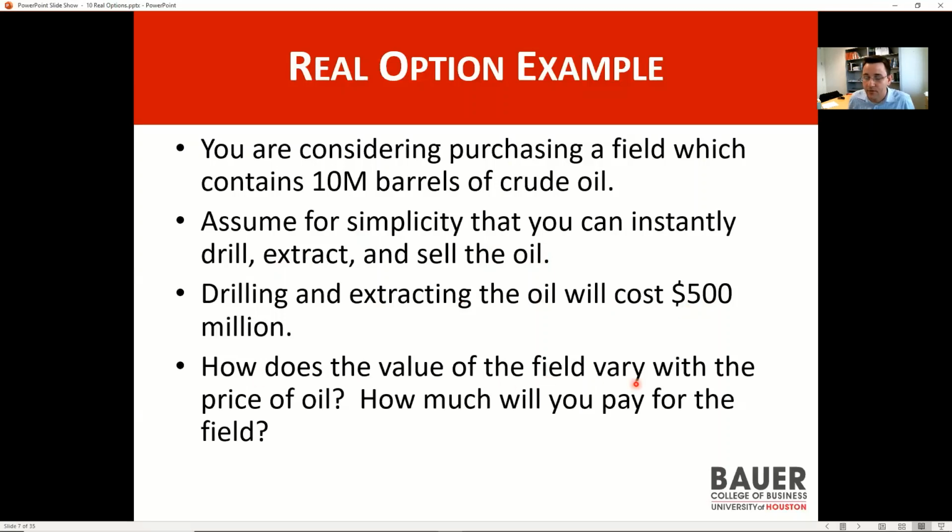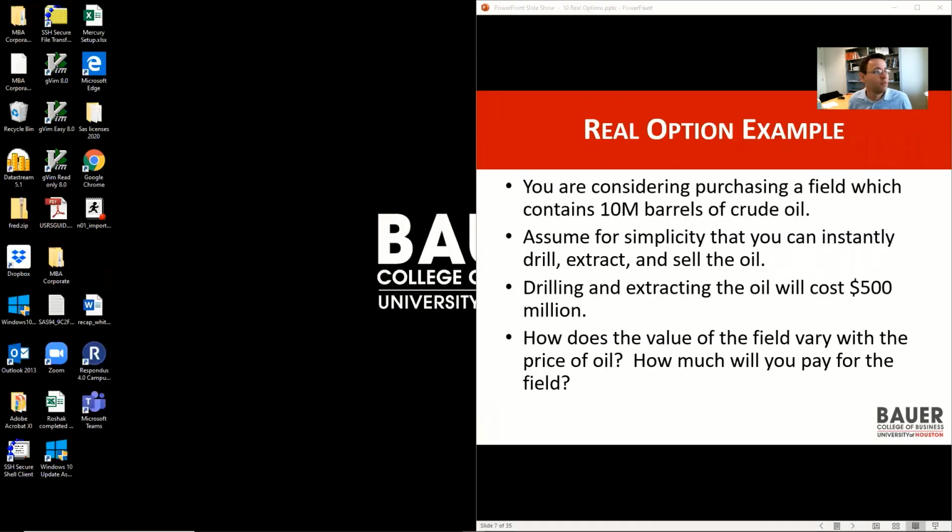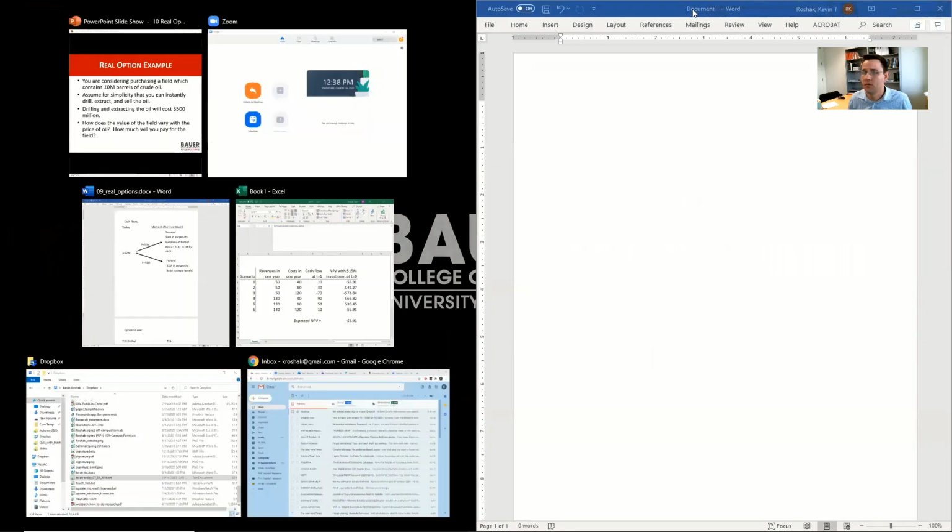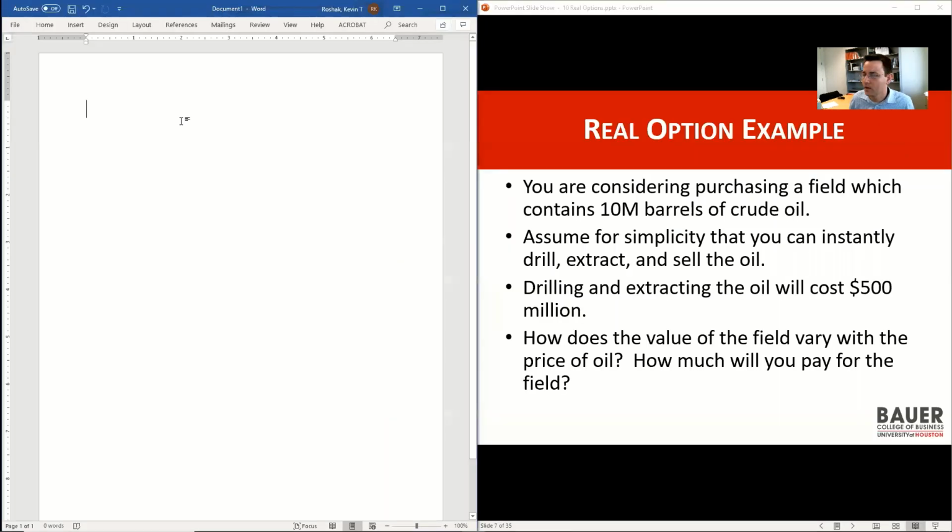How does the value of the field vary with the price of oil? And then how much would you be willing to pay for the field? Okay. So let's pull up the whiteboard here. So if there's 10 million barrels of oil and you drill and extract it, what's going to be the cash flow? The cash flow from drilling and extracting the oil.